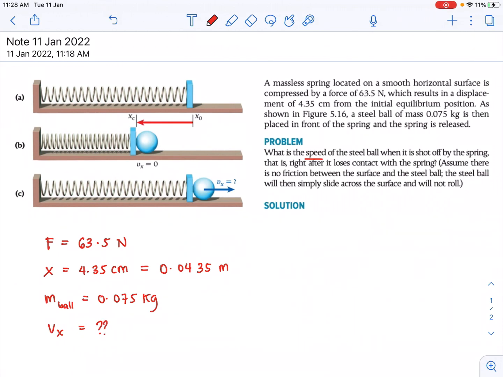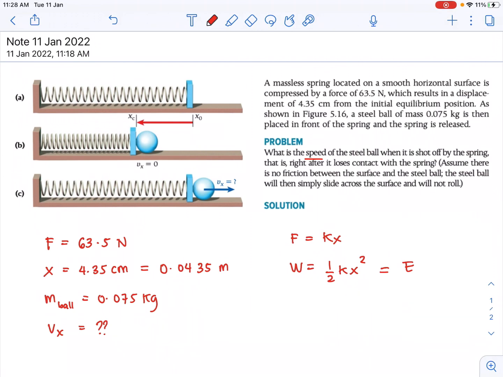All right, what are the things that we know? We know that F is equal to Kx, or the force exerted on a spring is equal to the spring constant multiplied by the compression or extension. And we also have that the work done on the spring is equal to 1/2 kx squared, which is equal to the energy transferred to the spring.